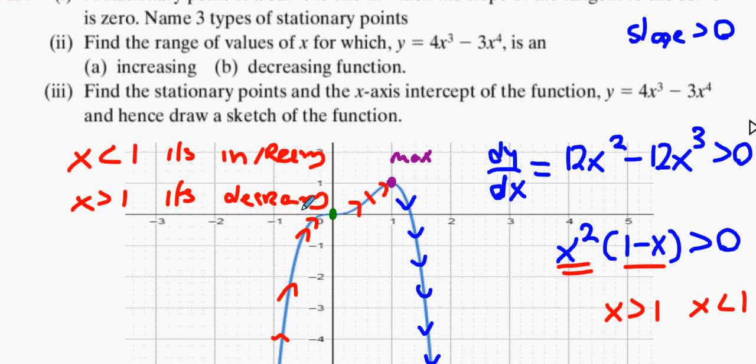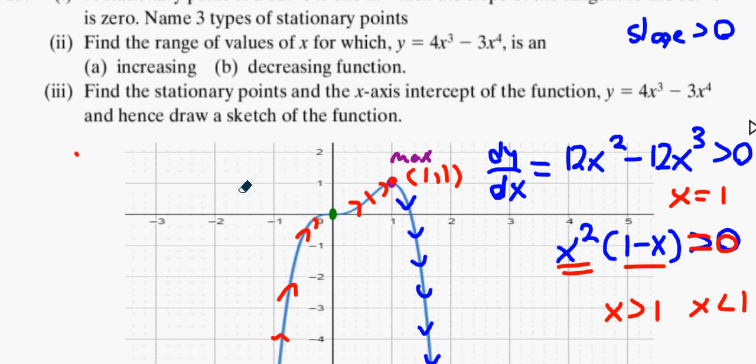Find its stationary points. How do you find the stationary points? First derivative equals 0. We get x equals 1, don't we? And then we find the other point, which will be 1, 1. And how do you find the saddle point? One more time.